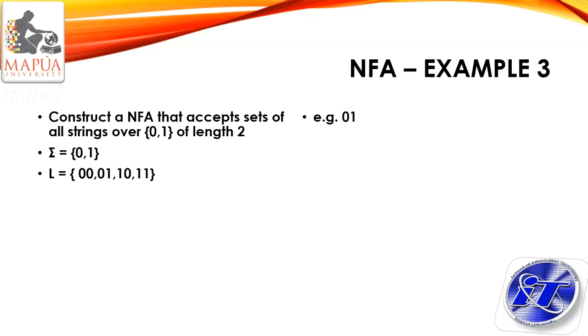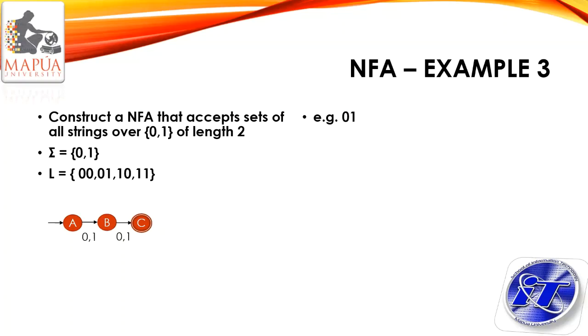So this is easy to design. Initial state A. For the first symbol, it will go to B regardless of what the value is. And then for the second symbol, since the length is 2, it will go to a final state, which is C. Again, it could be either 0 or 1 for the transition.